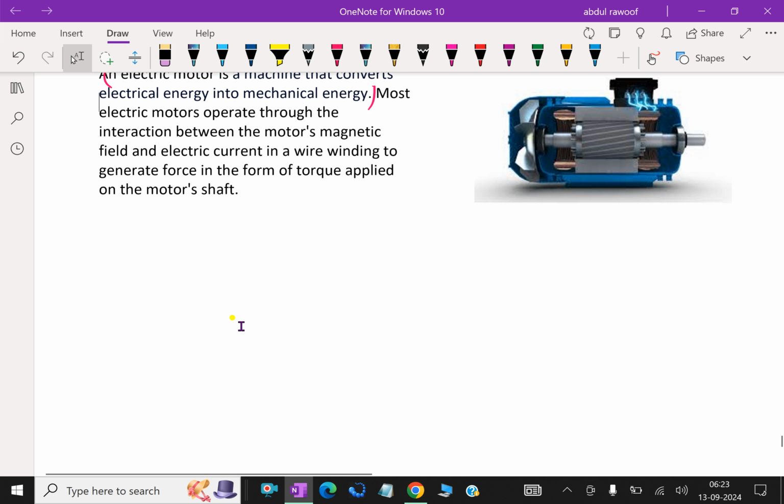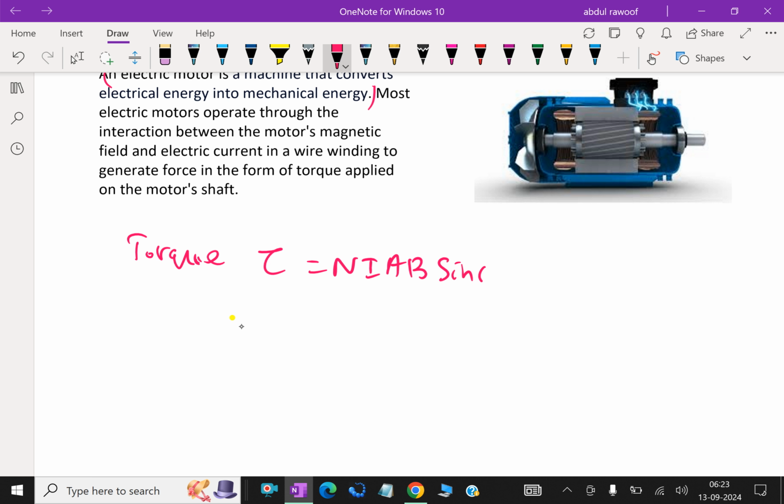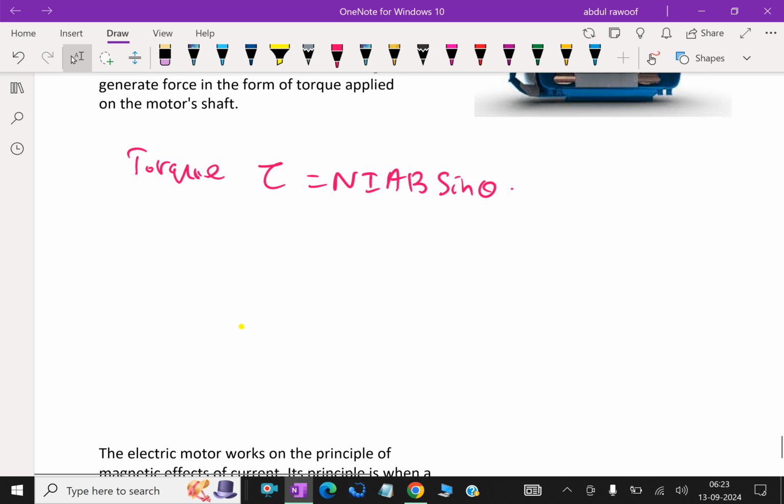Here, for the electric motor, the torque produced is N I A B sin theta. Here, N is the number of turns, I is the current, A is the area of cross section of the coil, and B is the magnetic field.